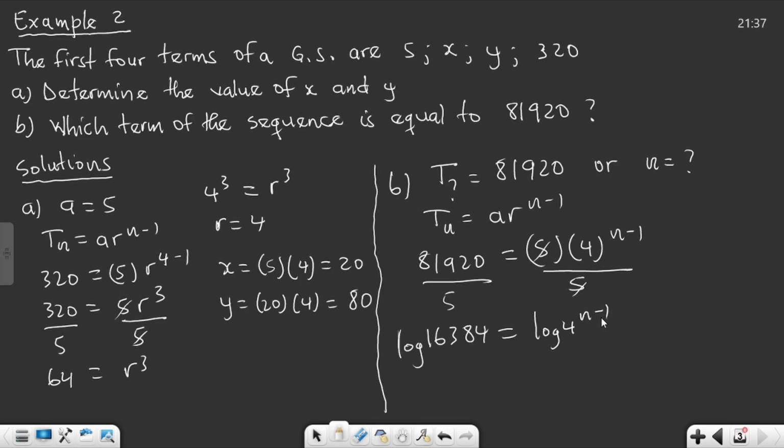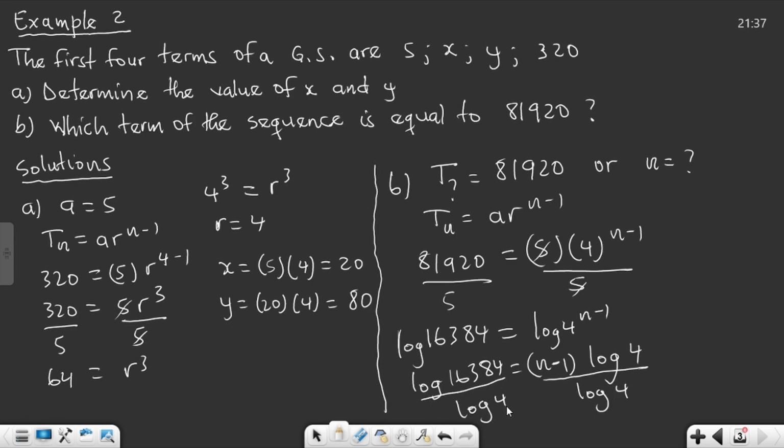And now this n minus 1 can go down according to the log rule. So it will be like this. This has dropped down, and then you have log 4. And then this side you still have your log 16384. And then we want to remain with n minus 1 on the right side. So you divide by log 4 on both sides.